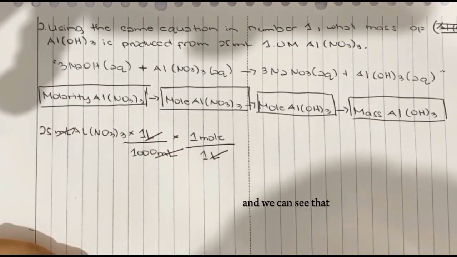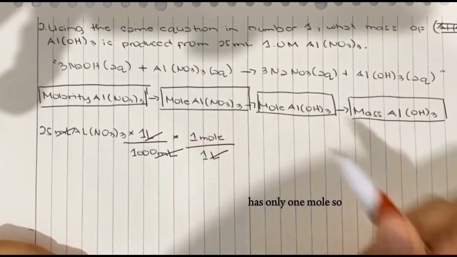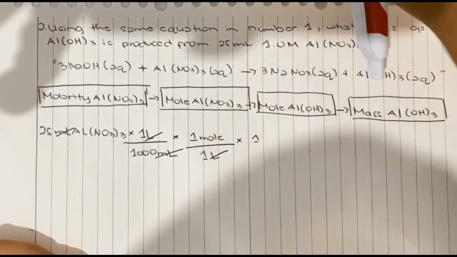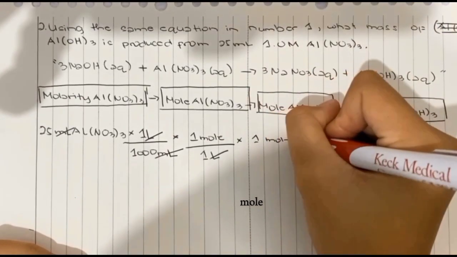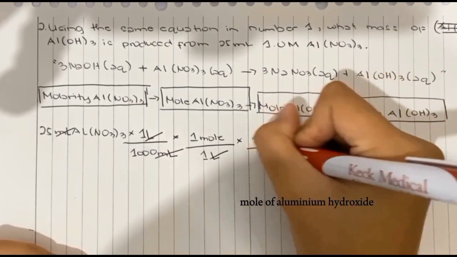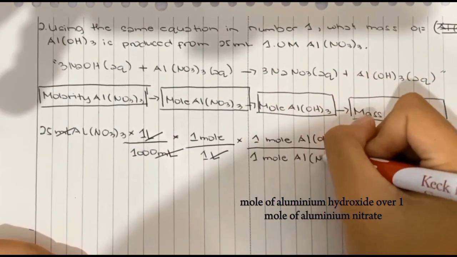And we can see that both aluminum hydroxide and aluminum nitrate has only 1 mole, so let's write it down here. 1 mole of aluminum hydroxide over 1 mole of aluminum nitrate.